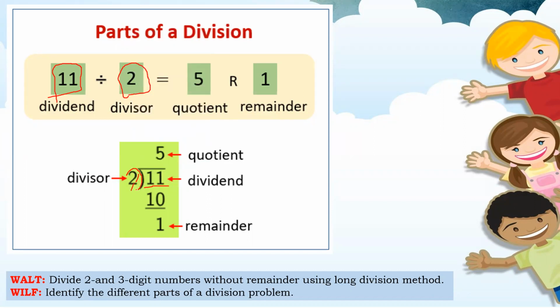Next, we have the quotient, which is the answer as I said, and here is the answer up there. And lastly, we have the remainder, which also could be written down here in the long division method. So let's proceed to our next slide.